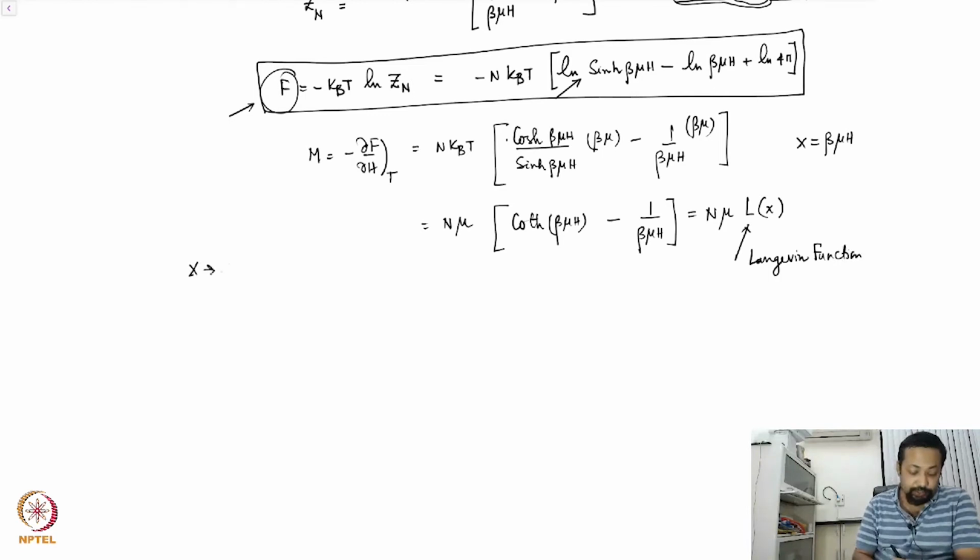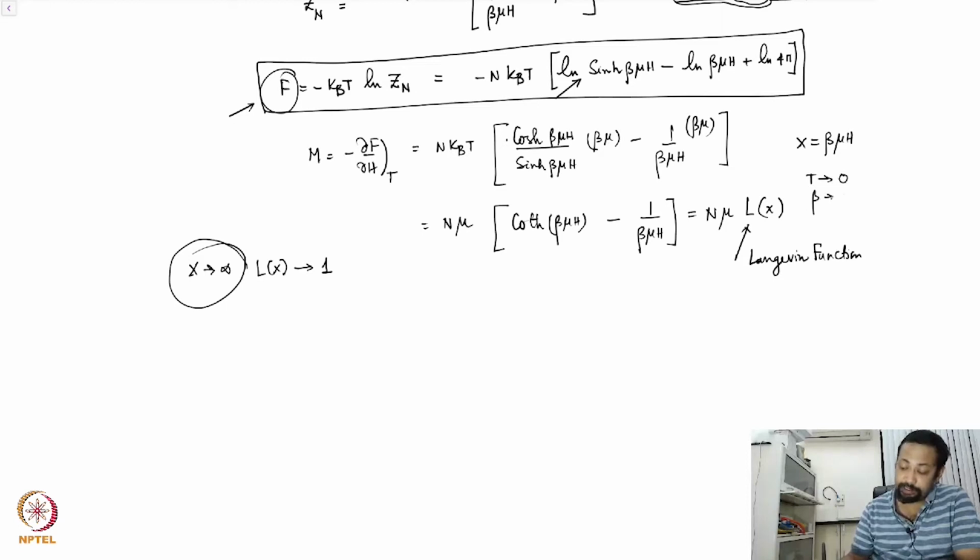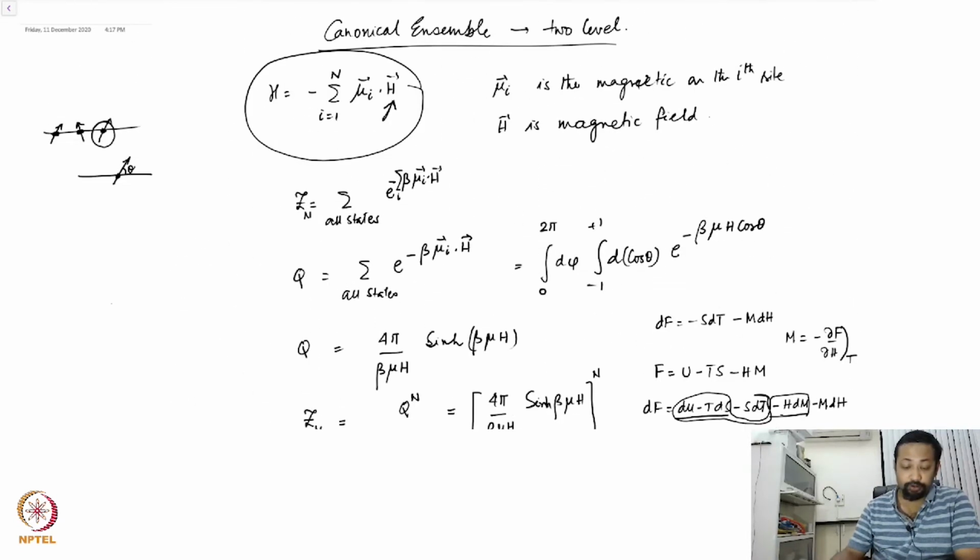As x tends to infinity, L of x approaches unity. And x tending to infinity means that the temperature tends to 0, so that beta tends to infinity. So at very low temperatures, the magnetization tends to the limit N times mu. All of them are pointed along the same direction.